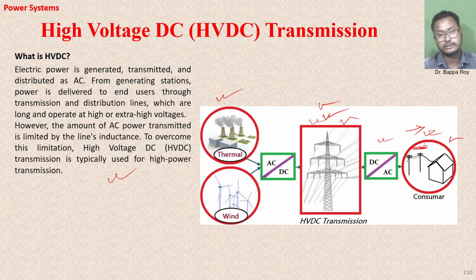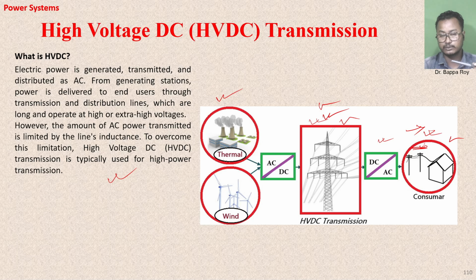We can use both AC and DC, but keep it in mind that for long distance we use DC. When it is long distance, we step up the voltage to high voltage.